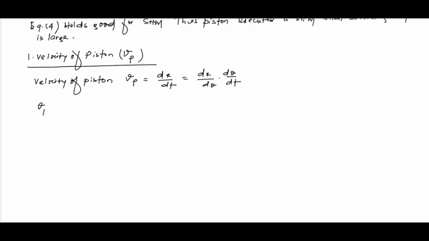So we can write this Vp will be equal to d by d theta of x into (1 minus cos theta) plus n minus (n square minus sine square theta) to the power half, into d theta by dt.